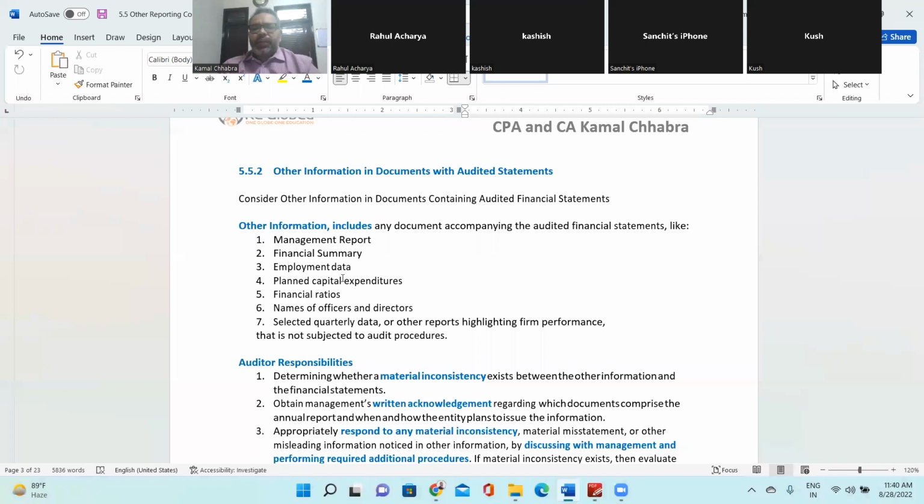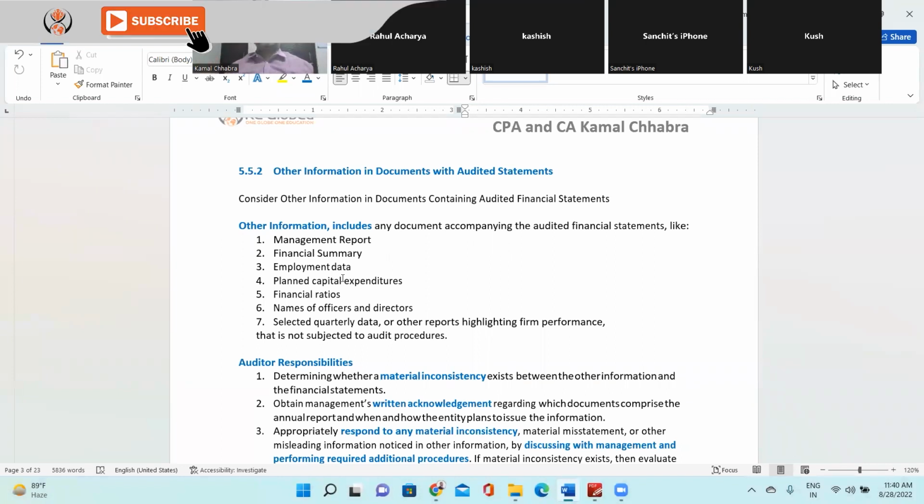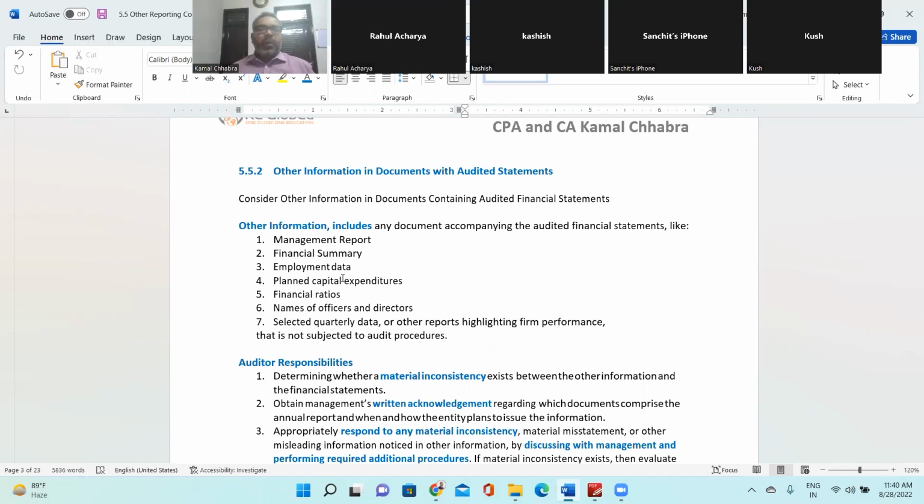So in that scenario, all of this information goes along with your audited financial statements. Now look at it from the perspective of the user of the annual report. They might assume the auditor has looked at it. The financial statement is your complete responsibility that you are auditing, but you have certain responsibility toward this information as well.